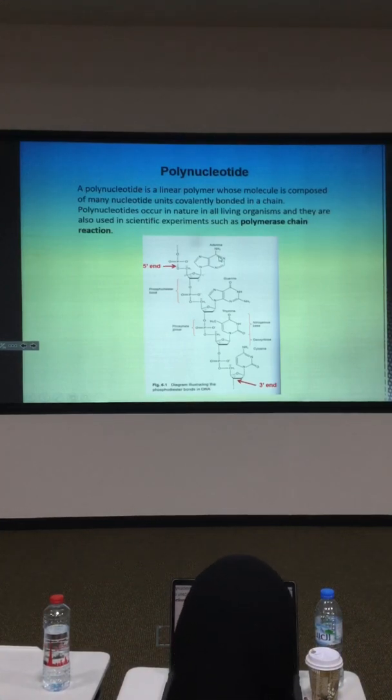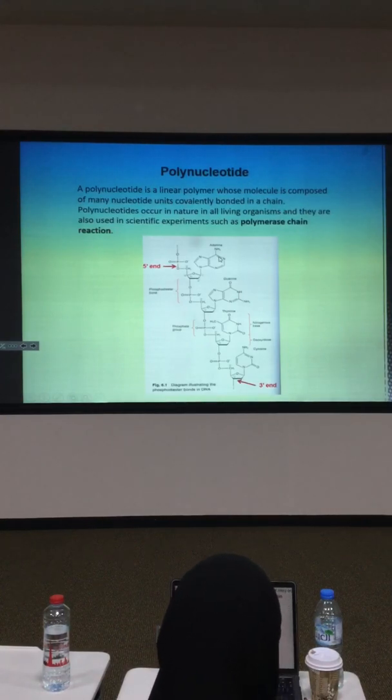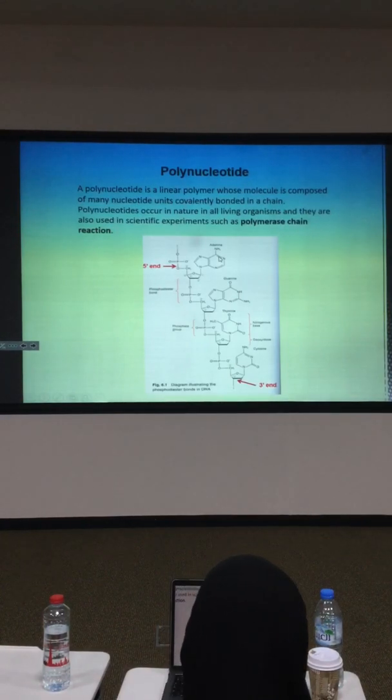If we look here, this is the structure of a nucleotide, and at the top is the 5' end. If you look at the text, you'll see 5' to 3' end. In any structure of a polynucleotide or DNA, you'll see 5' on the left side and 3' on the right side.